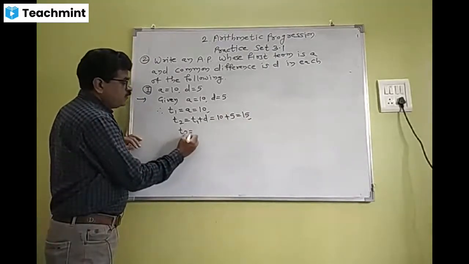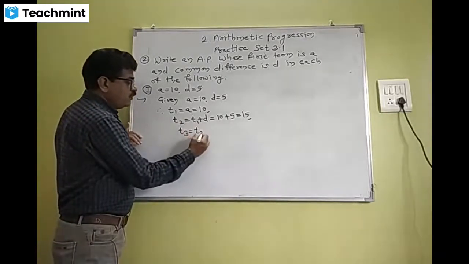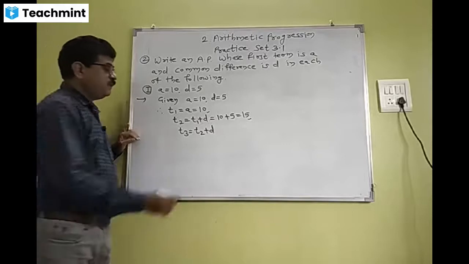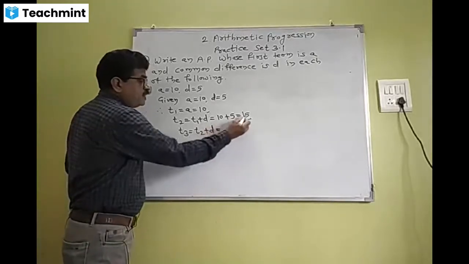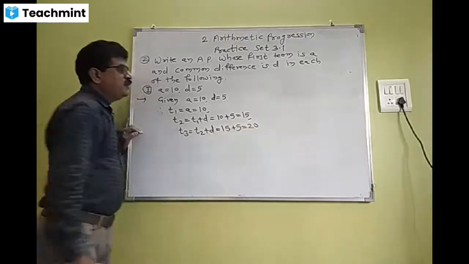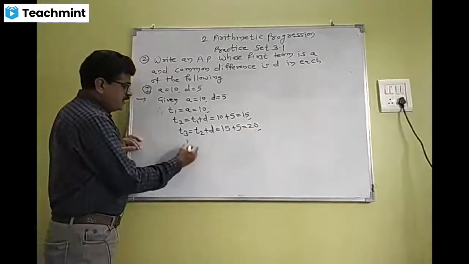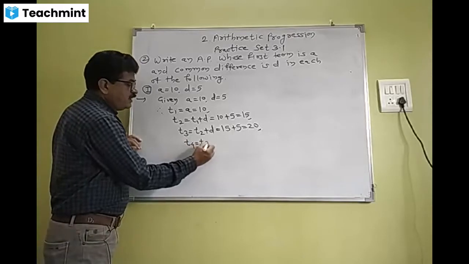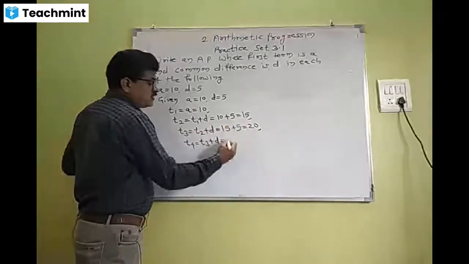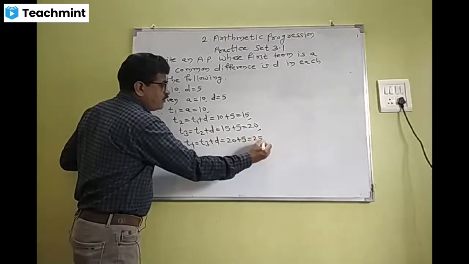Next T3 is equal to, काय लिहावं लागेल? Previous term T2 plus common difference D, T2 plus D is equal to T2 is 15 plus D is 5 is equal to 20. Now take one more term. T4 is equal to T3 plus D is equal to, value of T3 is 20 plus D is 5 is equal to 25 and so on.